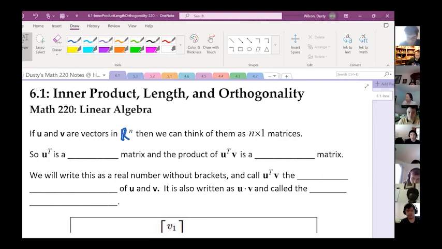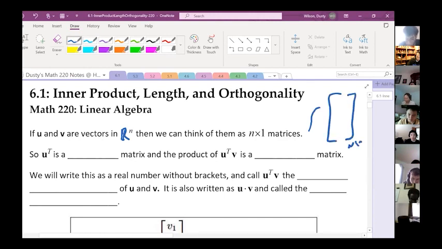So if U and V are vectors in Rn, then we can think of them as n by 1 matrices, right? We've been probably doing this all along. So you have your n by 1 column vector. That means that U transpose is what dimensions? Nice.